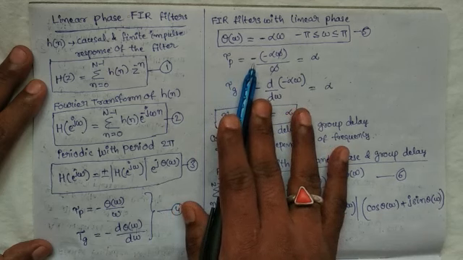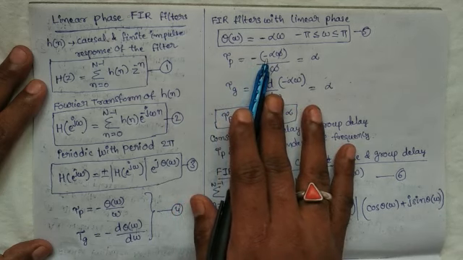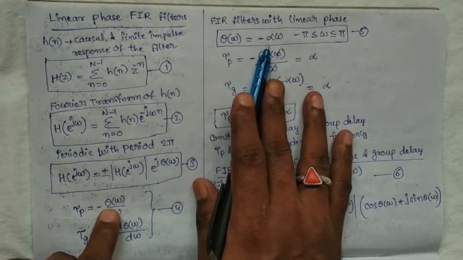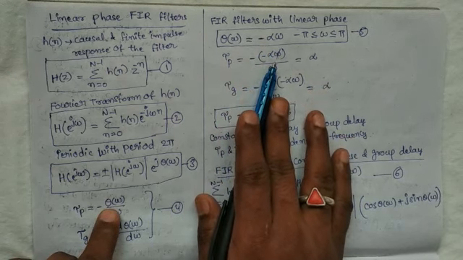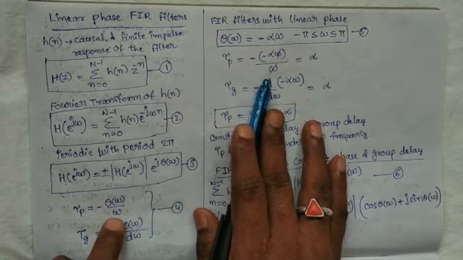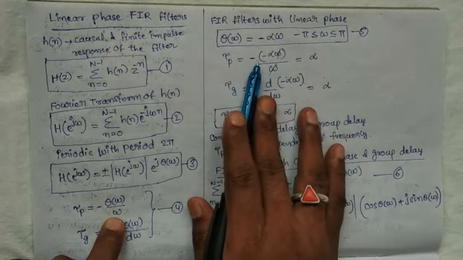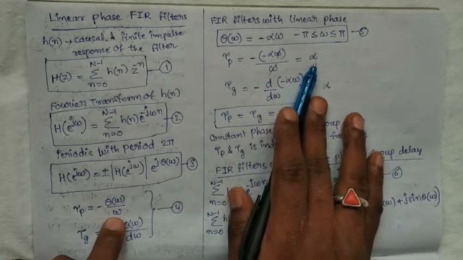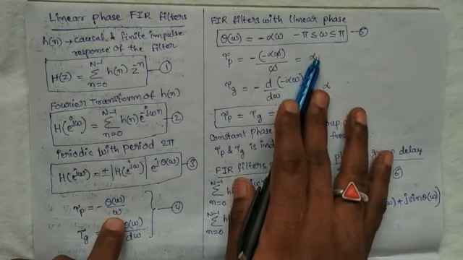Tau p equals minus theta of omega by omega, with theta of omega equal to minus alpha omega. Omega cancels, and minus into minus gives plus, so tau p is equal to alpha. Alpha is a constant value.